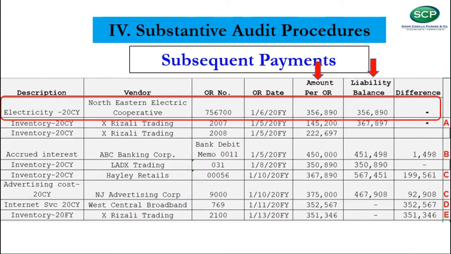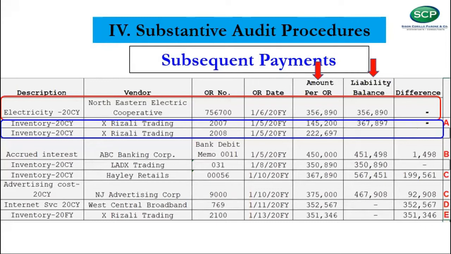So the next item is the outstanding accounts payable as of December 31, 20 CY due to X Rizali Trading for inventory purchase in 20 CY amounting to 367,897 pesos was fully paid in 2 tranches. So yung outstanding balance, yung AP trade as of December 31, 20 CY for 367,897 binayaran in 2 tranches.